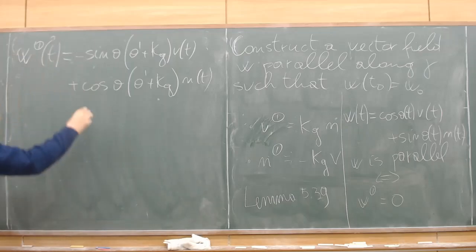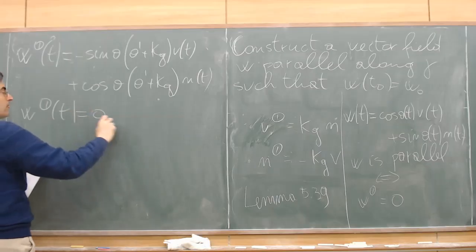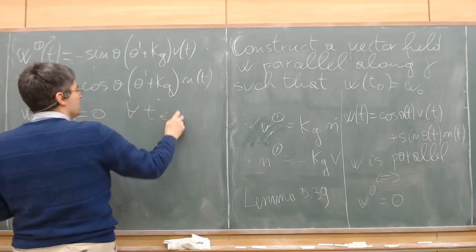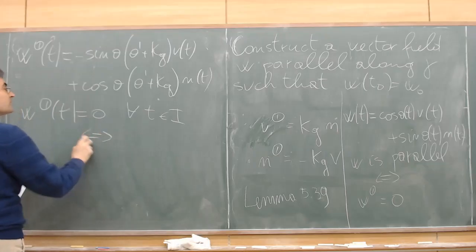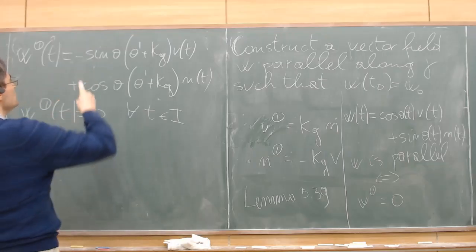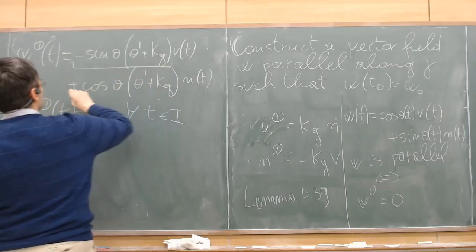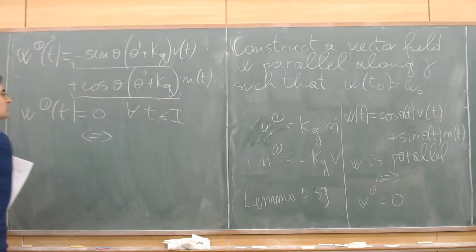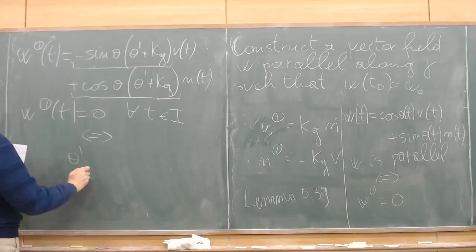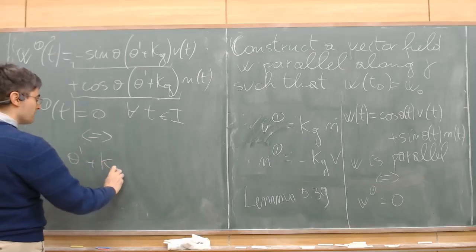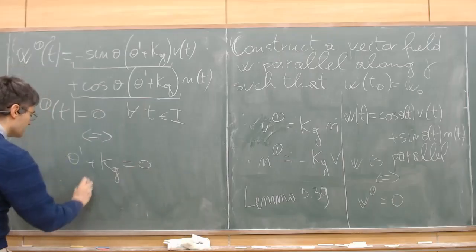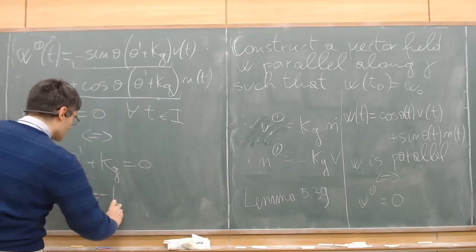So this is 0 for any t in I if and only if these two functions are 0, and this is true if theta prime plus kg is 0, that is theta prime equal minus kg.